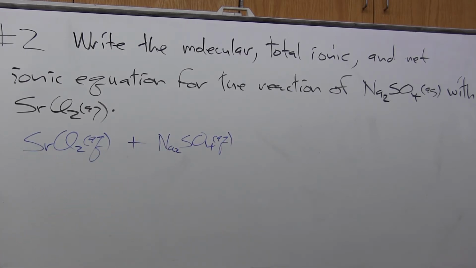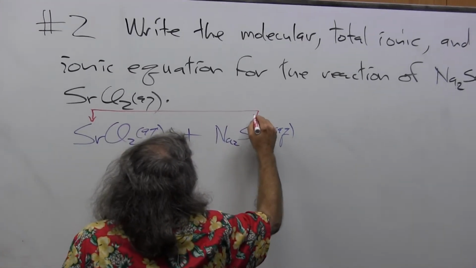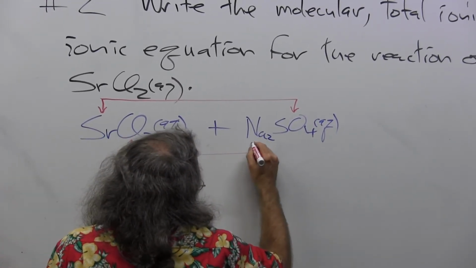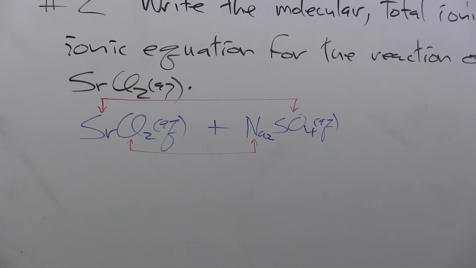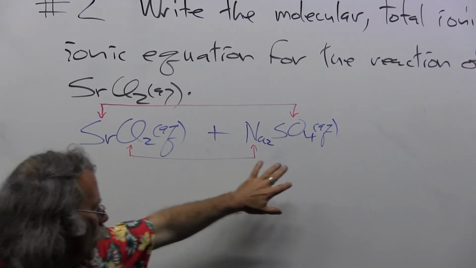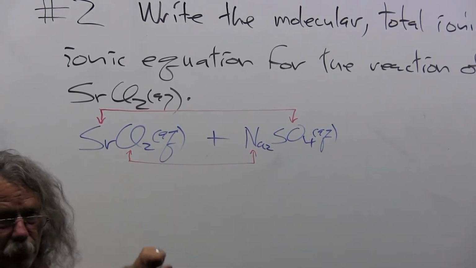Now I want to predict. And this part you can do on scratch paper. I'll do it here just to remind everybody. This is the simple technique we use. I'm going to look at the outer cation-anion pair, and the inner cation-anion pair.